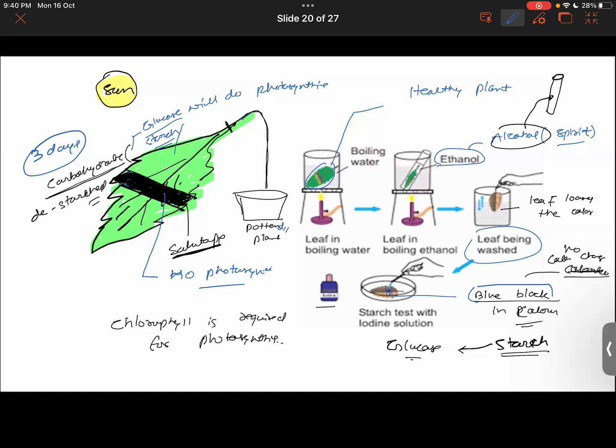So when we put it in the dark region, all the carbohydrate, or simply speaking of starch, the starch found in the leaf was used up, so we said it to be de-starched. Okay, is the first step clear or not?